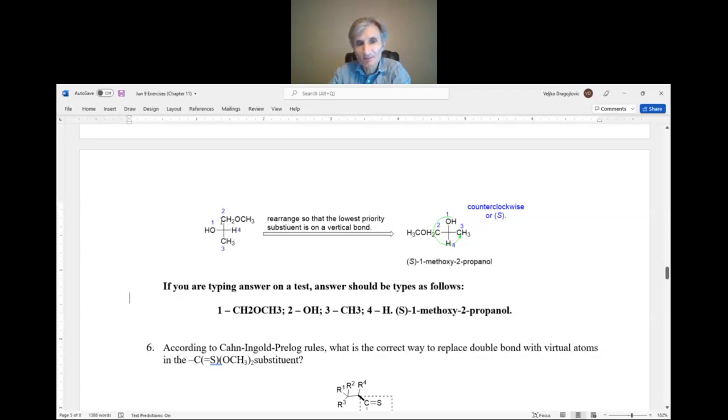Which means that order of priorities is 1, 2, 3, and 4. And now we have to flip them in pairs. So what you do is you need hydrogen on a vertical bond, lowest priority substituent on vertical bond, so that you can determine whether it's R or S. Because if hydrogen is on a vertical bond, or in general, substituent of priority 4 is on vertical bond in Fischer projection, you can ignore it.